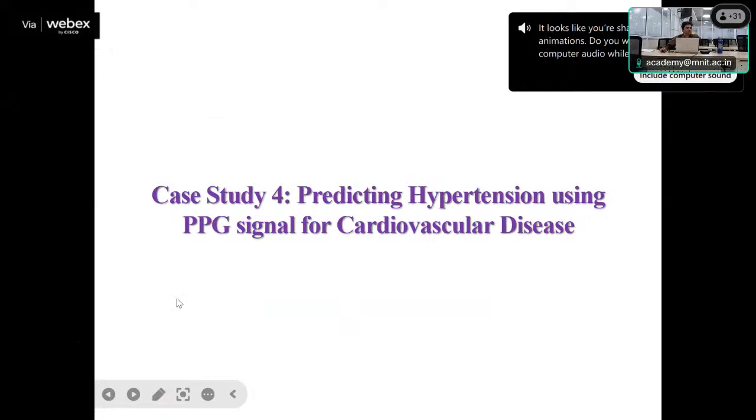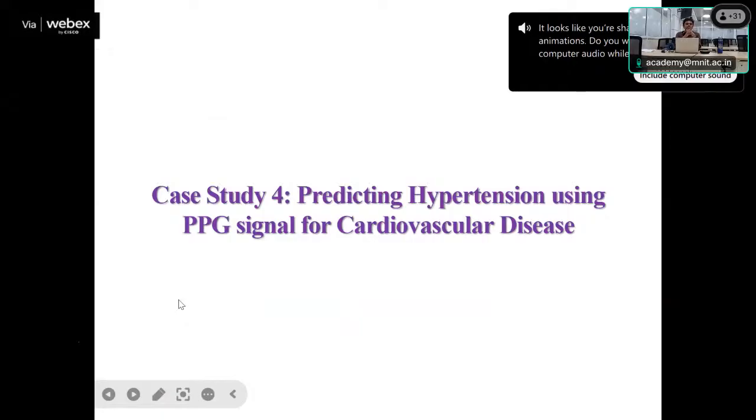We have measured it through PPG. We have done a correlation of the PPG with cardiovascular disease. Currently, cardiovascular disease is identified through ECG, and though we have some portable ECG machines, they are not that user friendly.